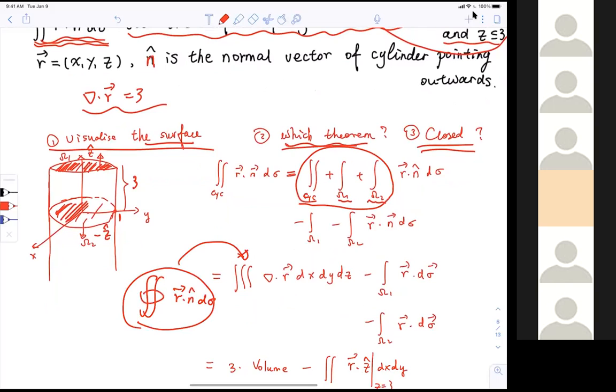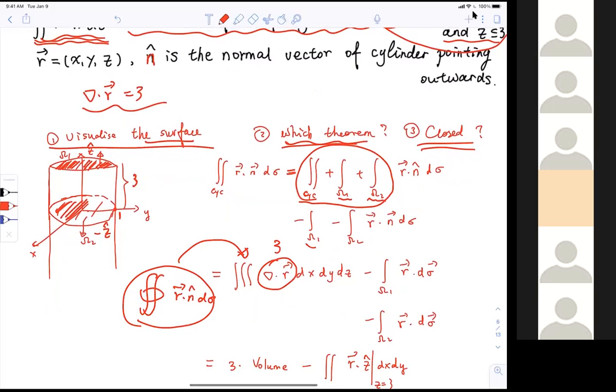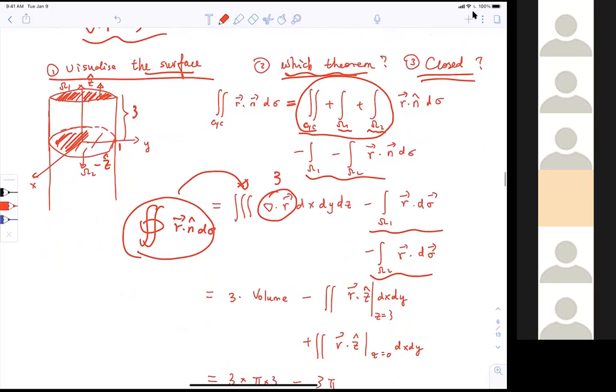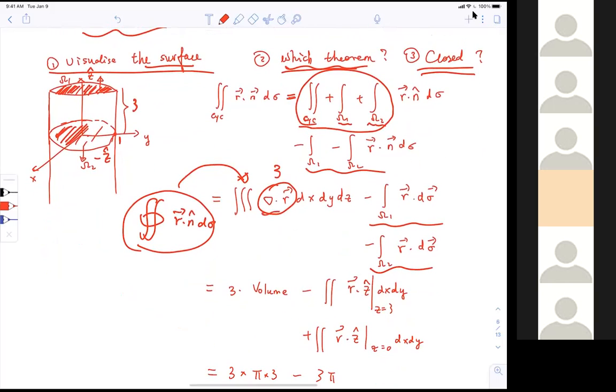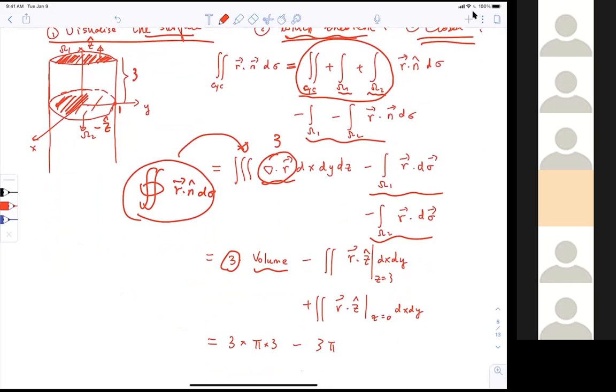We get a volume integral, like what I said before, this integrand is 3. And we still subtract omega 1 and omega 2. And this is nothing but 3 times the volume of this cylinder. And you can also do the surface integrals over omega 1 and omega 2 easily.